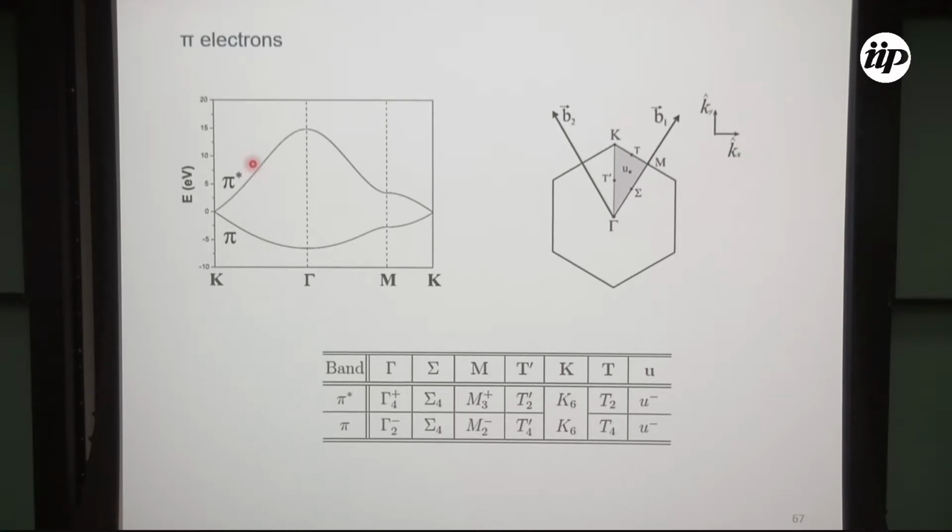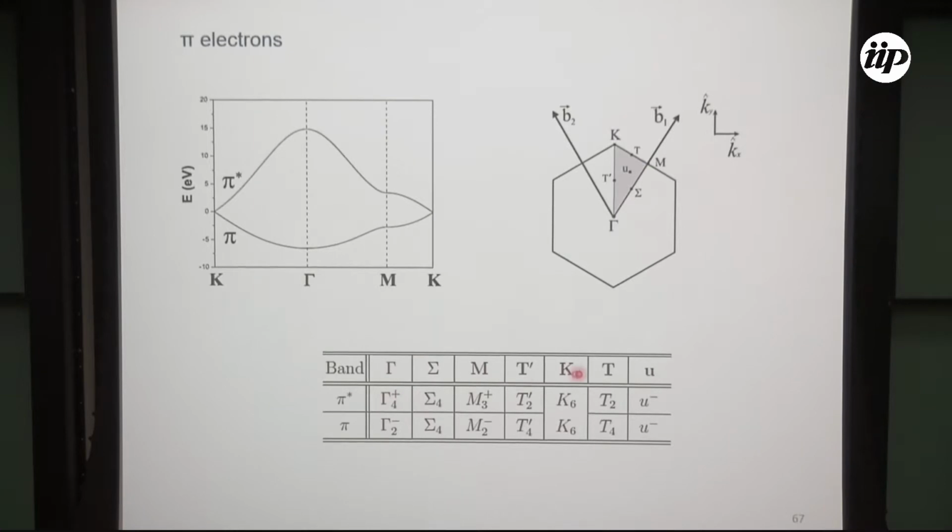I know that one is gamma 4 plus, the other is gamma 2 minus, but I don't know which one to pick. And I know from first principle calculations that the pi band is gamma 2 and the pi star, which is the conduction band, is gamma 4. This is at the gamma point.